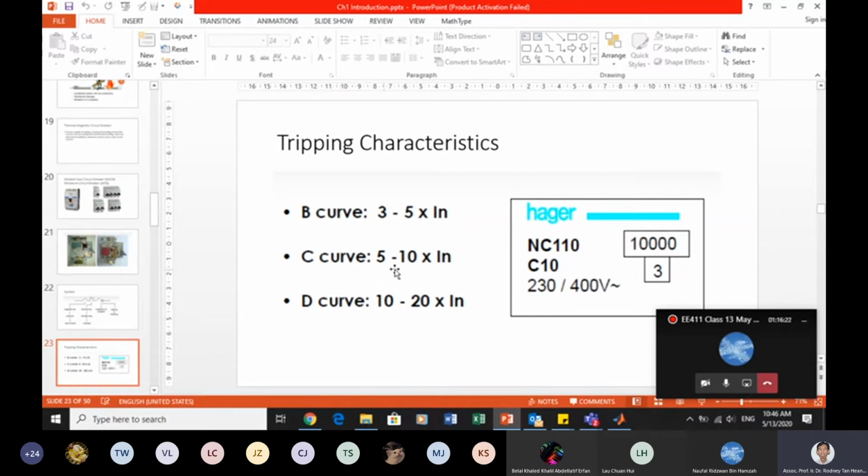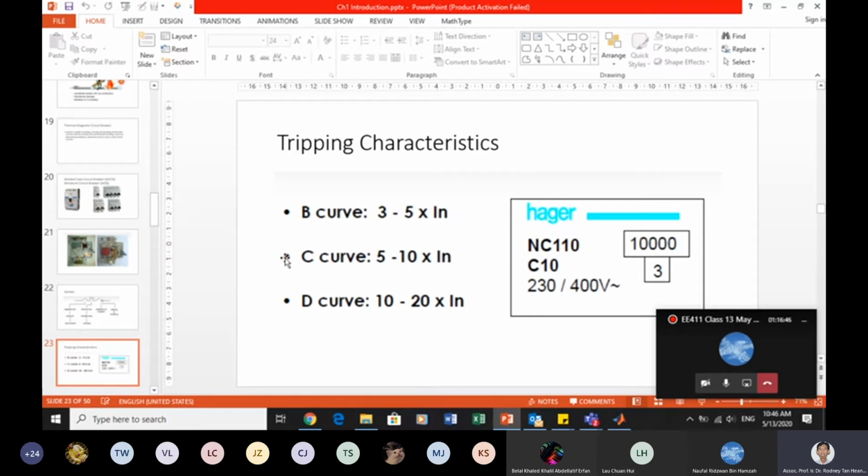Anything more than 10 amps is considered overload. Anything more than 5 times to 10 times is considered short circuit. So these are the different curves. In normal houses, residential, apartment, condo, we use C.